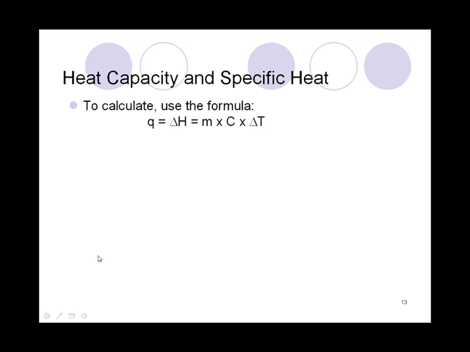Remember that the specific heat capacity is different from the heat capacity, in that heat capacity is the amount of joules for every degree, versus the specific heat capacity is the amount of joules for every gram to change its temperature by 1 degree.